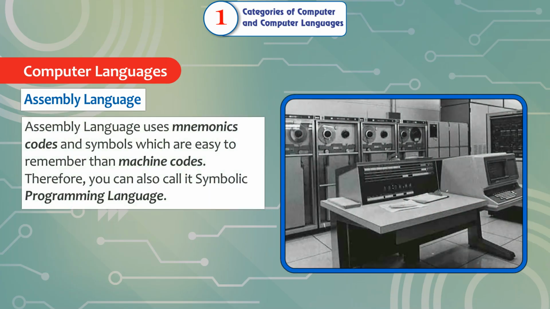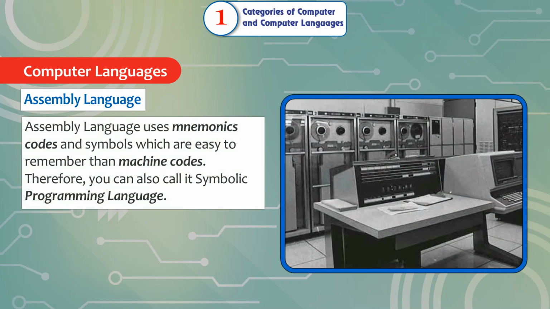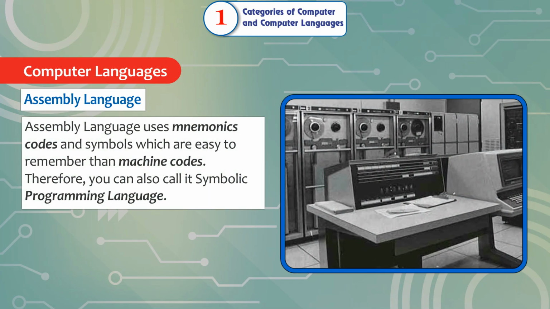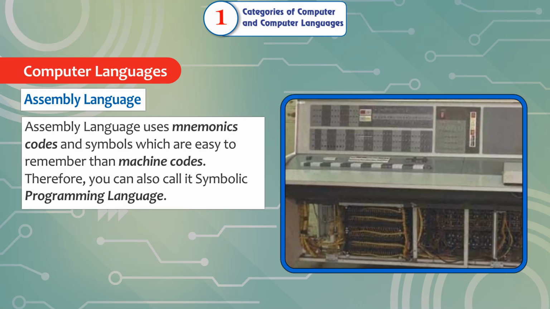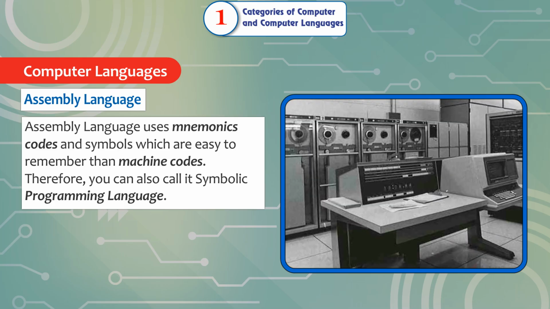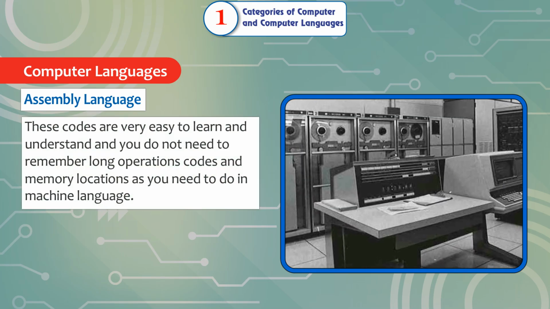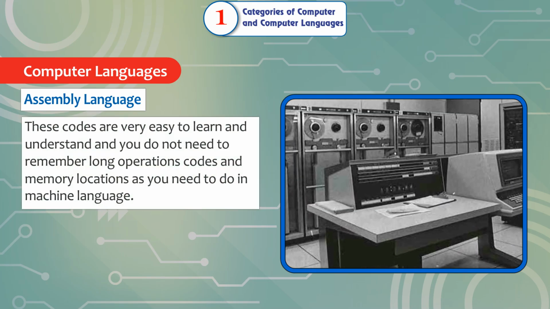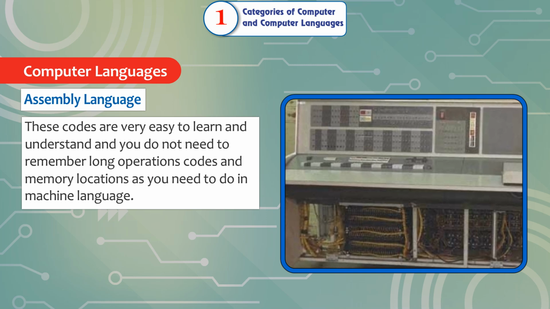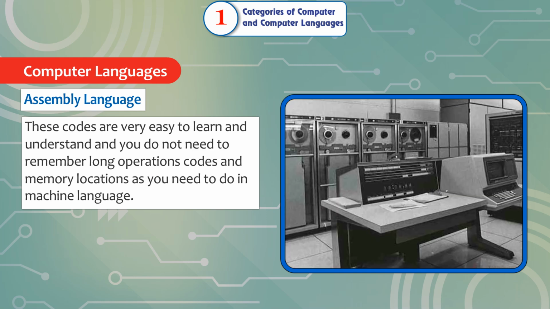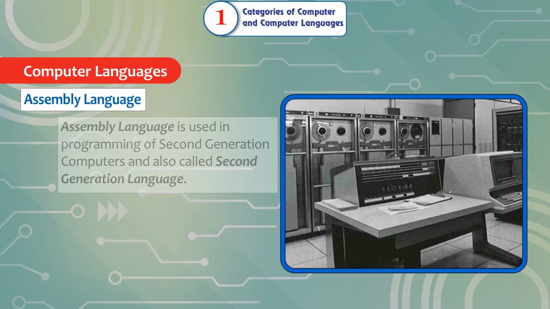Assembly language. Assembly language uses mnemonic codes and symbols which are easier to remember than machine codes. Therefore, you can also call it symbolic programming language. These codes are very easy to learn and understand, and you do not need to remember long operation codes and memory locations as you need to do in machine language.